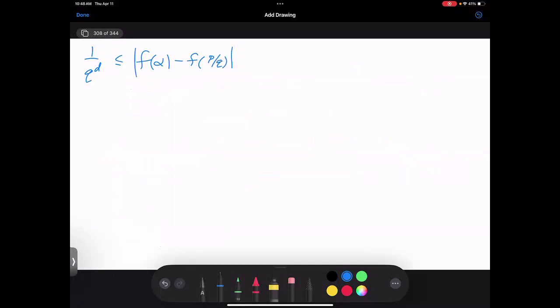Can you think of anything we could use to try to evaluate f of alpha minus f of p over q? What could we use to try to study that? Any thoughts? Yes.